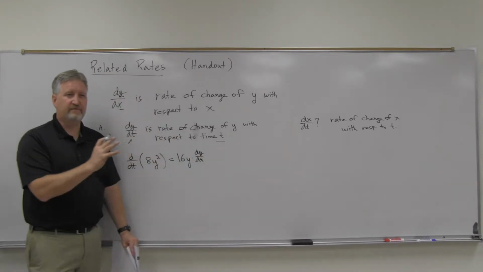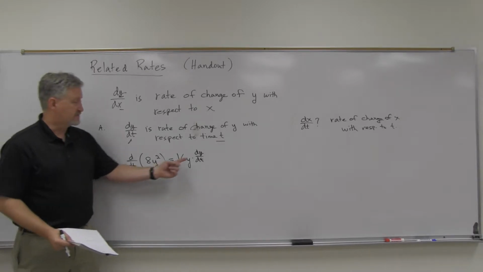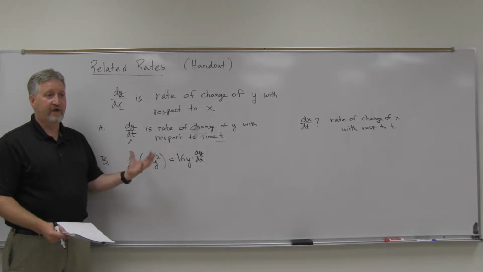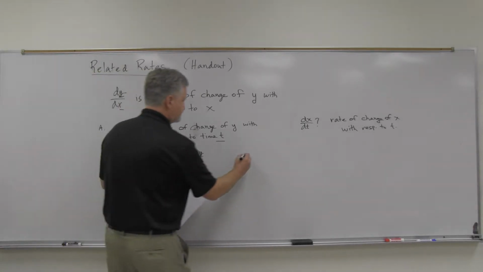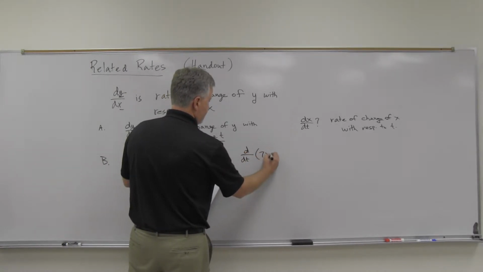And so that's kind of the switch we're making. Instead of doing the derivative with respect to x, we're doing it with respect to t. And so instead of dy over dx, it'd be dy over dt. But it's the same idea. Okay? With me there?